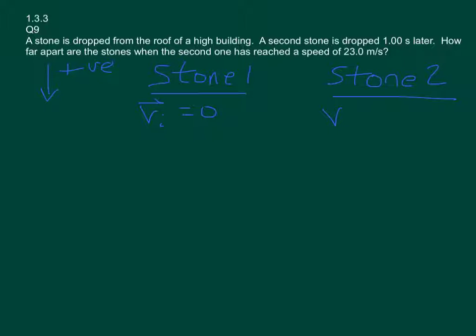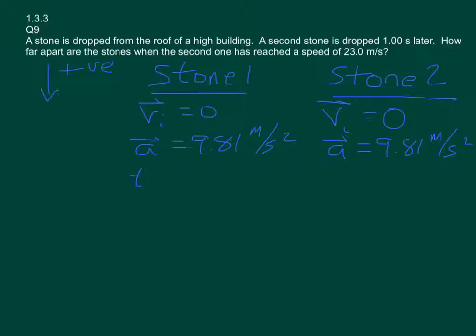VI, stone 2, is also 0. Okay, acceleration, 9.81 meters per second squared. Acceleration here, same. Second squared. Okay, now the time.